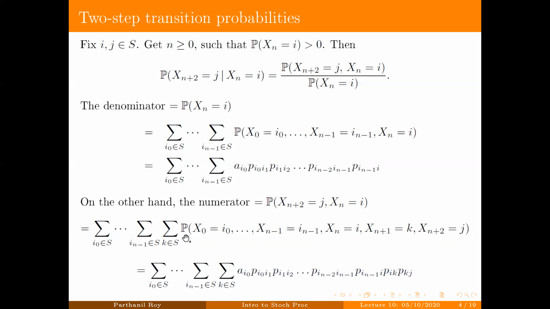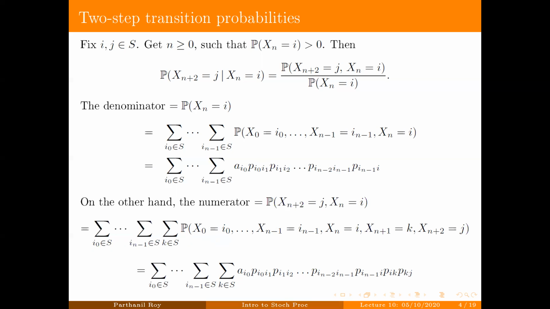Now this, of course, can be written from the definition of Markov chain in terms of the initial distribution and the transition probabilities. That's what we have done here. We just wrote it longhand. All the transition probabilities are exactly as we need from this previous step.